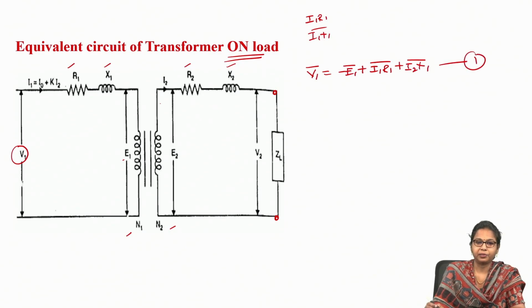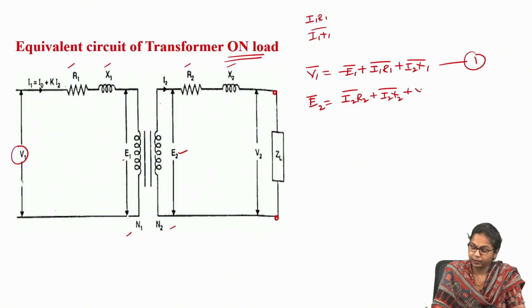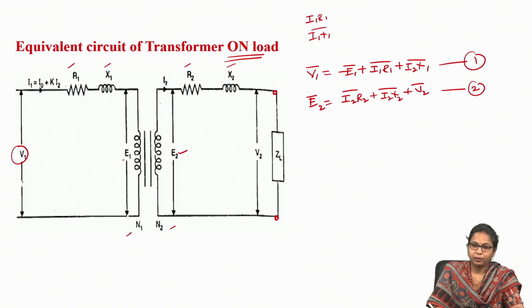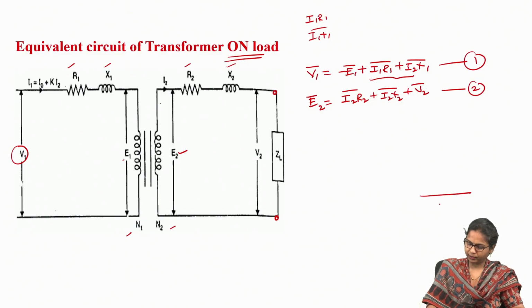This is the first equation, and coming to the second loop equation, E2 is equal to I2 R2 plus I2 X2 plus the secondary terminal voltage. This is how we write the equations, and using the same we obtain the phasor diagrams for different loadings.